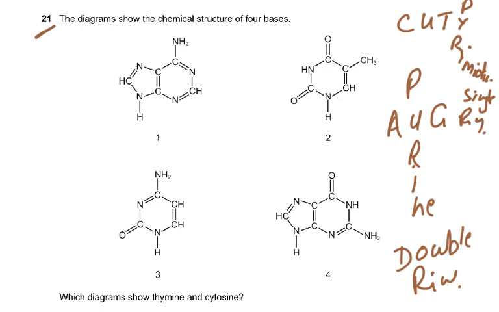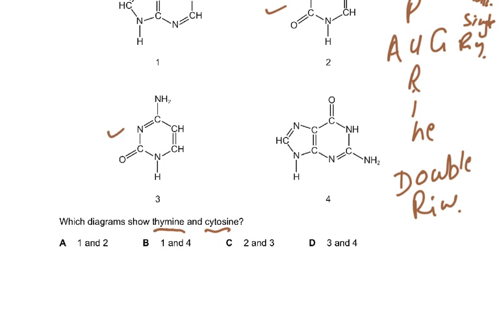Now, which diagram shows thymine and cytosine? So thymine and cytosine are what? Thymine and cytosine are single ring. Now this is the only one which is single ring, and this is the only one which is single ring. So which diagram shows thymine and cytosine? So it is 2 and 3.